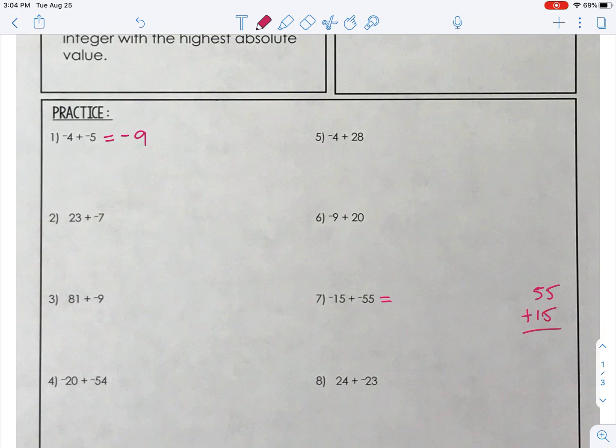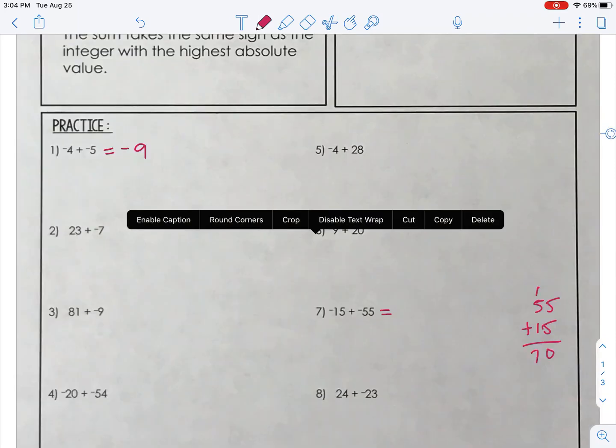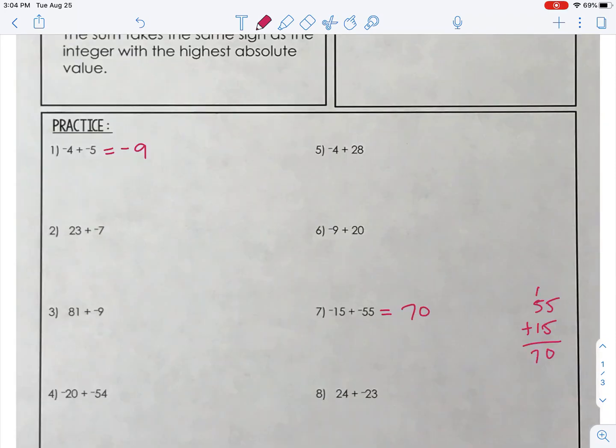So 5 and 5 make 10. 1 and 5 make 6, and another 1 makes 7. So this is a 70. But since 15 and 55 are both negative, our answer is -70.